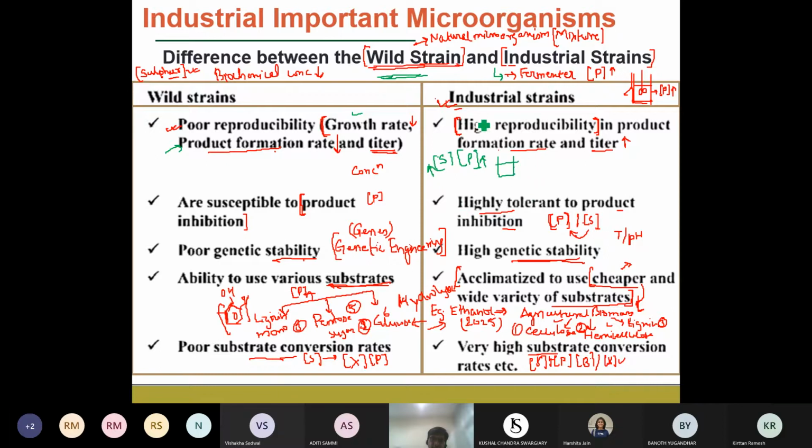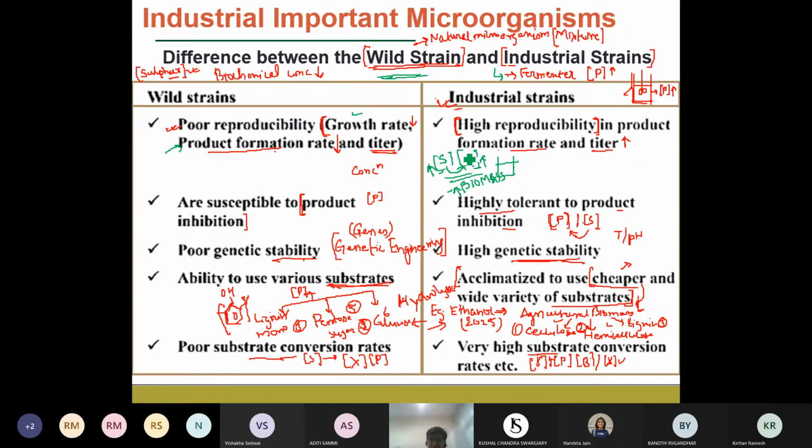So we need to develop microorganisms which can withstand or tolerate this high concentration of substrate. Only if the substrate concentration is higher are you going to obtain higher product formation, and that can only be obtained when the biomass concentration is higher. So all these three things, the substrate concentration, the biomass or cell concentration, and the product, are related to each other.